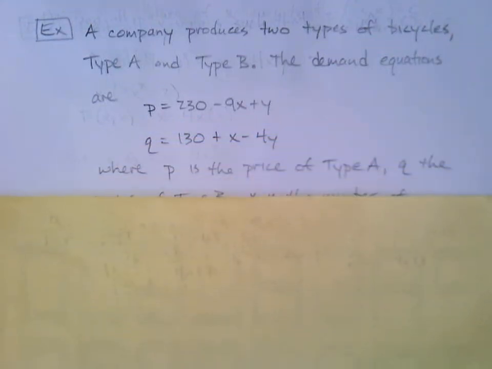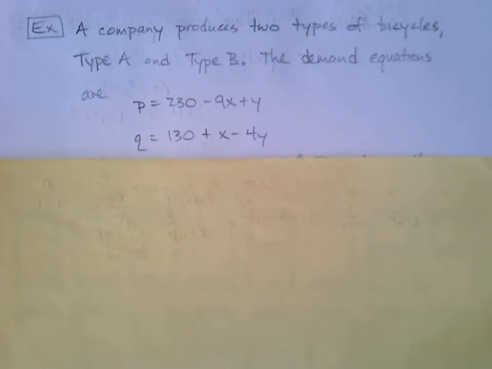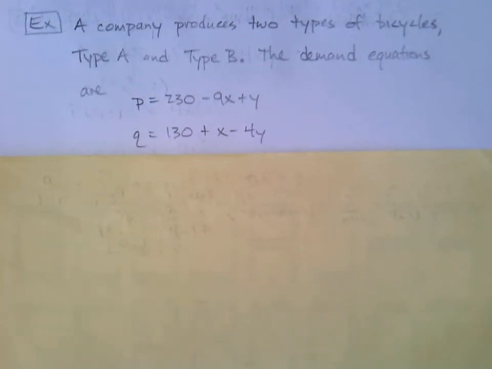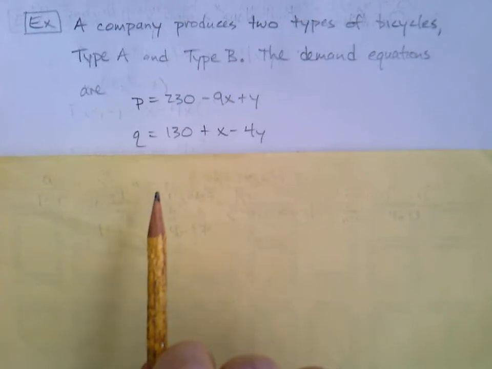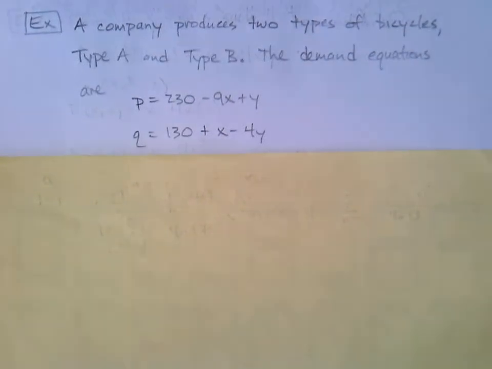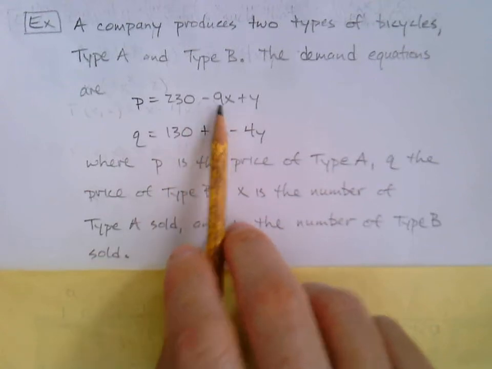For example, a company produces two types of bicycles, type A and type B. The price demand equations are these. I should probably show you all this. So these are the two price demand equations.